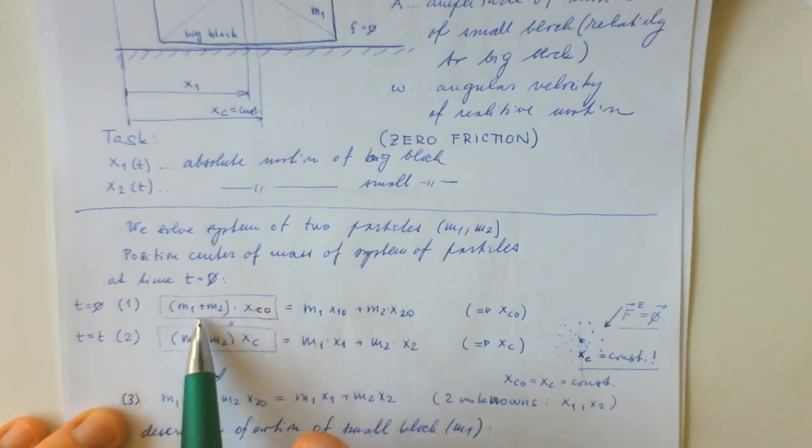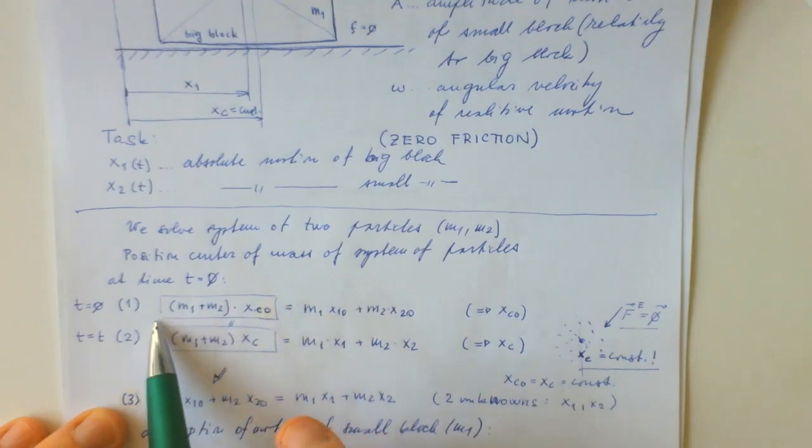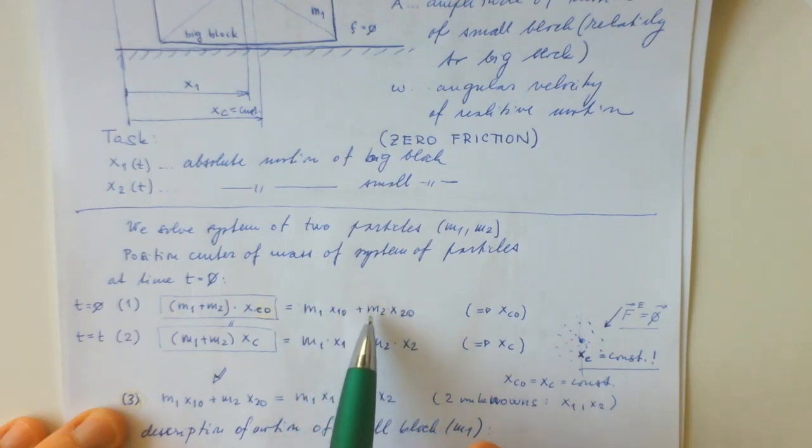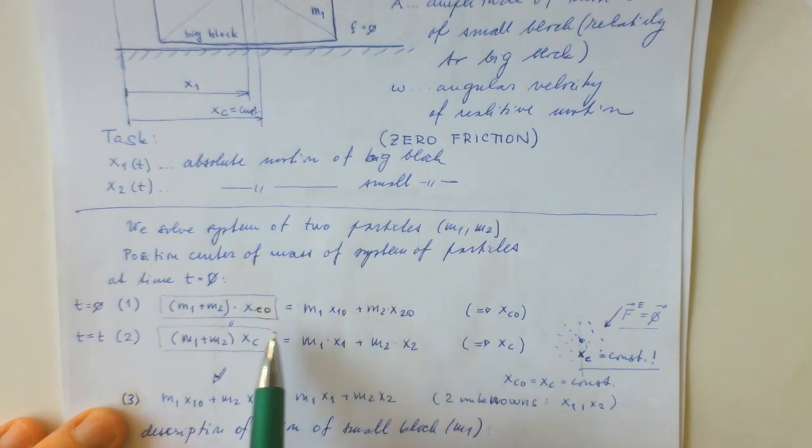So the statical moment of all system is the same as the sum of statical moments of system elements. So this is a general equation. From this equation we could express the original position, it means in time equals 0 at the beginning of the process, of the center of mass.